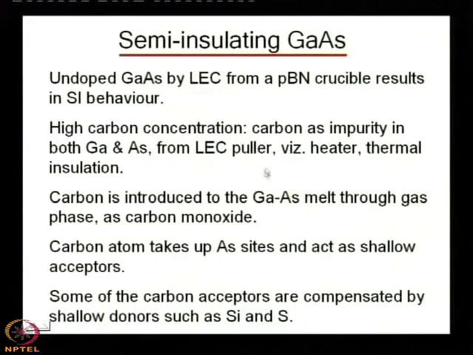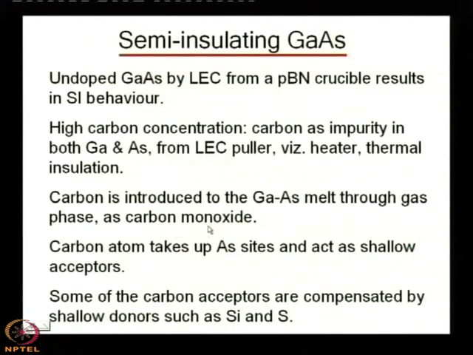That is one source. The second source is the heater and thermal insulation. That means the LEC puller, the crystal growth arrangement, that is known as the LEC puller. There will be heater and thermal insulation, and carbon is introduced to the gallium arsenide melt through the gas phase as carbon monoxide.